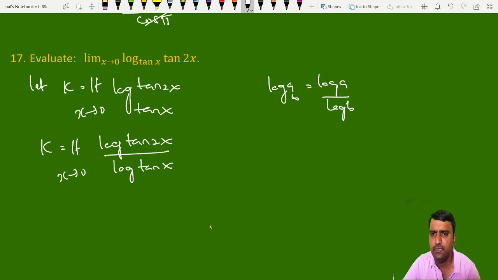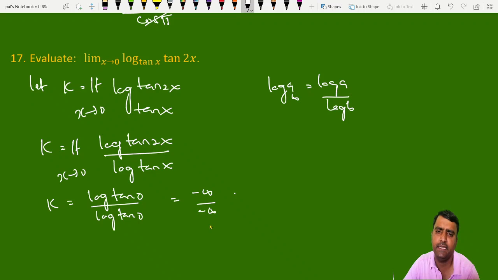So now k is equal to, you apply the limit to this, it is log of tan 0 by log of tan 0. Tan 0 is 0, so minus infinity by minus infinity, so it is indeterminate.